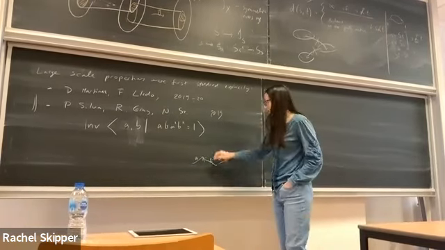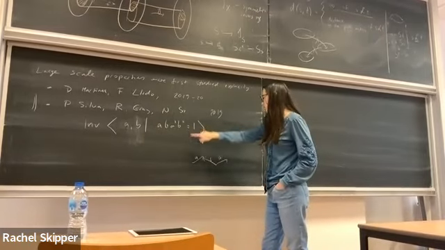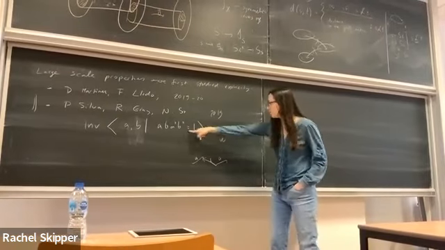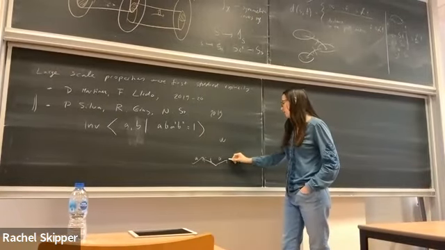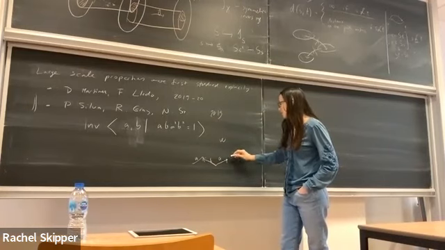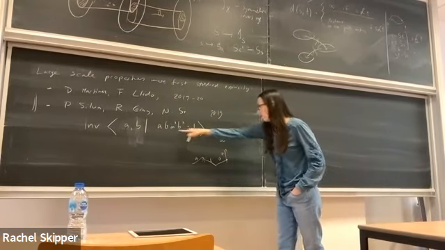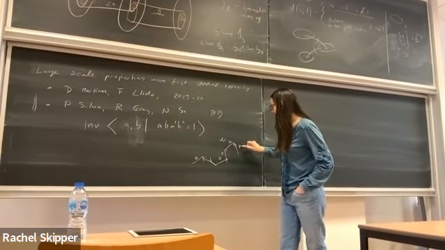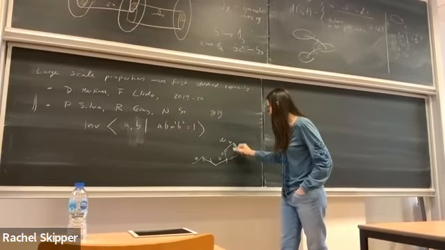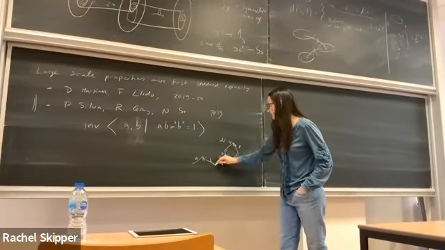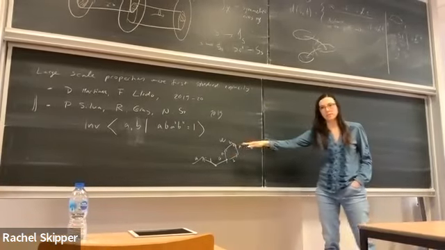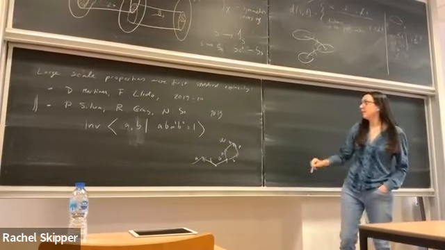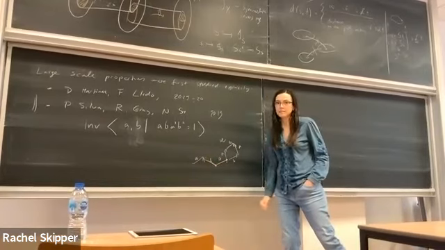The way you construct a strong component of a word W is that at every vertex you attach a loop labeled by A, B, A star, B star. You do this at every point, and you do Stallings foldings. The limiting thing will be the strong component containing the vertex labeled by that word.